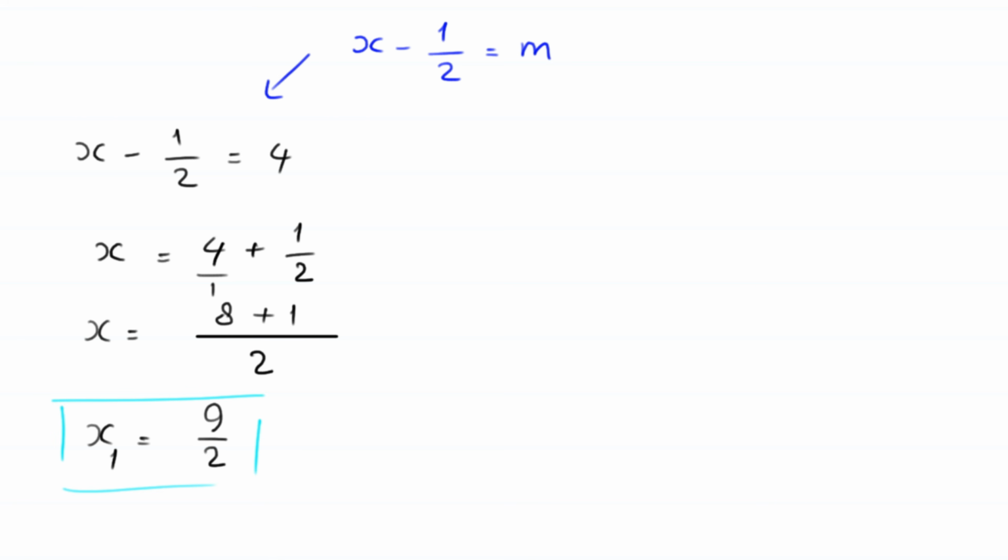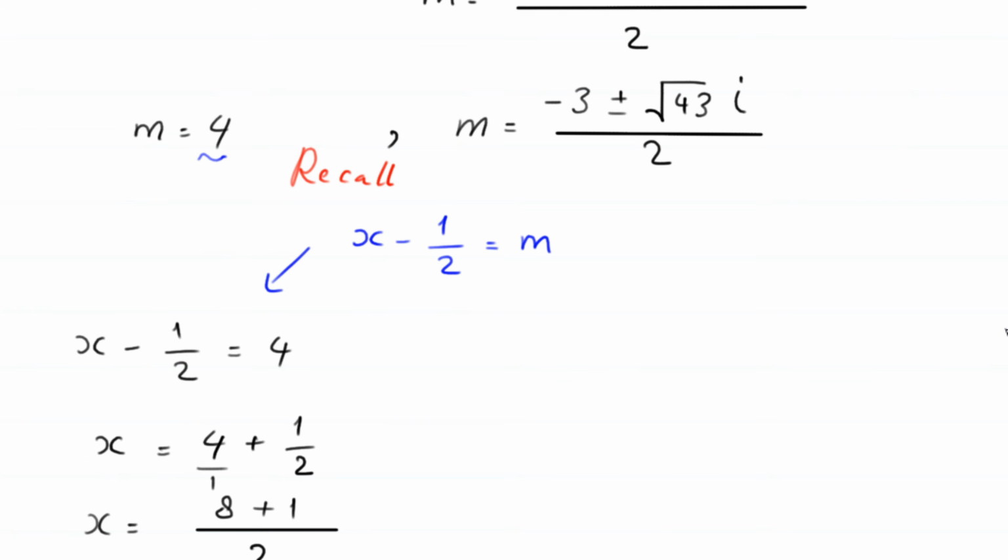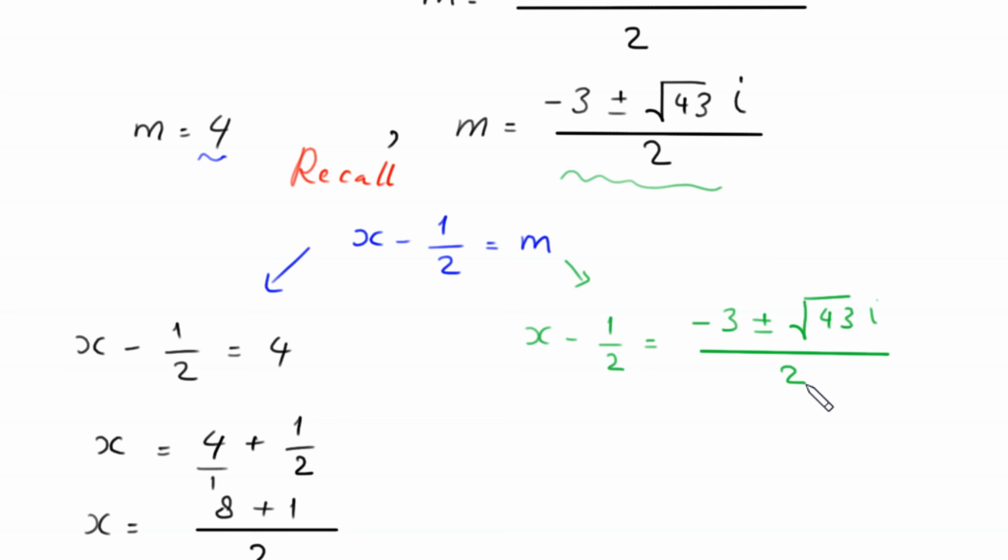Now when m is equal to this other expression, x - 1/2 = (-3 ± i sqrt(43))/2.